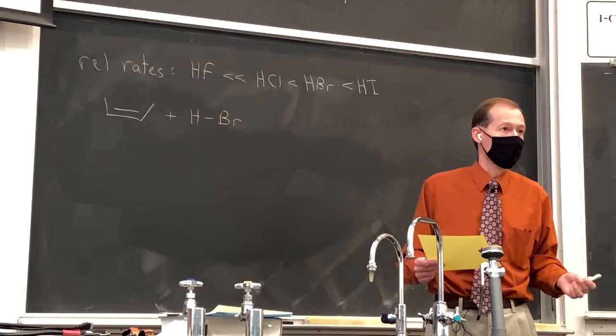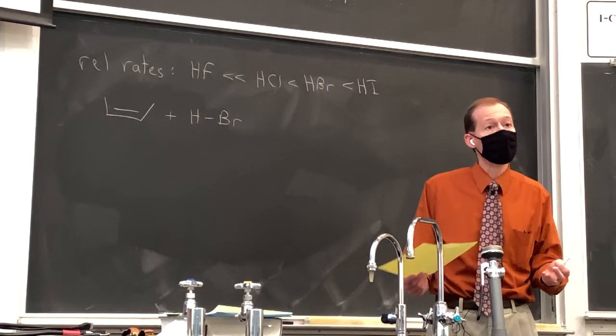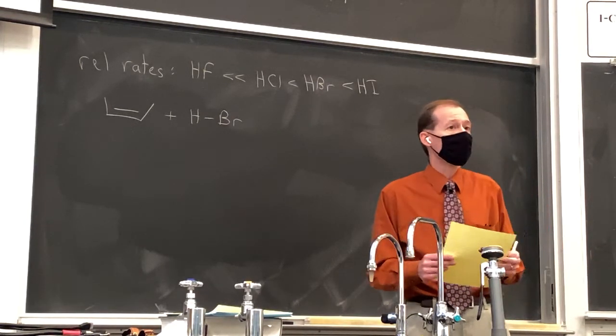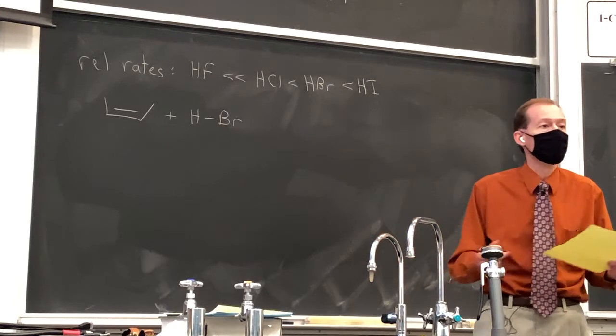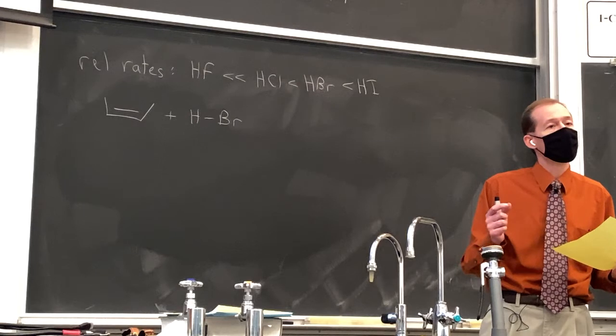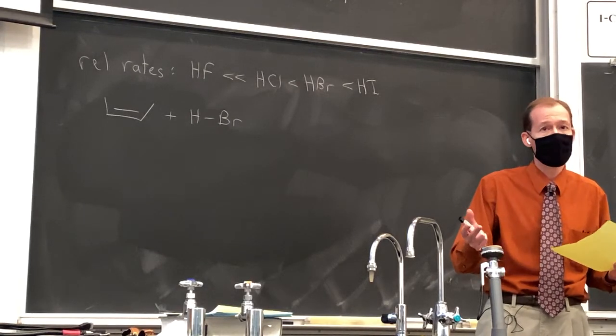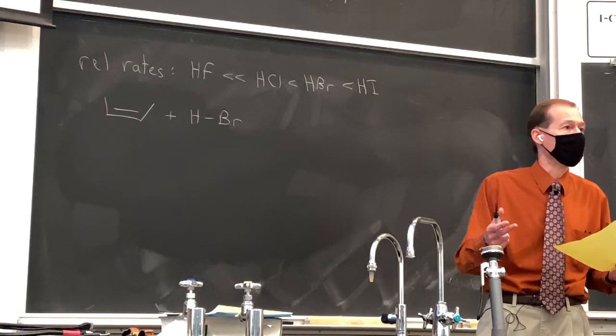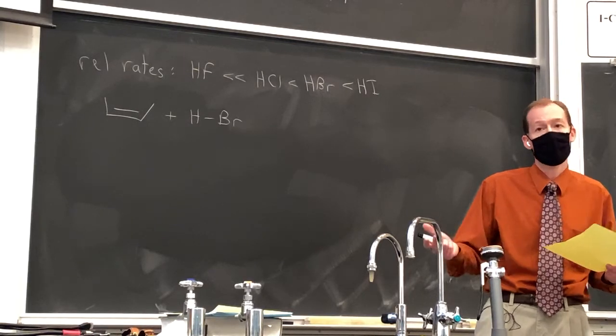Those oxygen atoms are Lewis basic. They've got lone pairs. We also learned back in chapter 2 that pi bonds can function as Lewis bases. And so we're able to protonate the electrons of a pi bond similarly to how we would protonate the lone pairs on an oxygen.